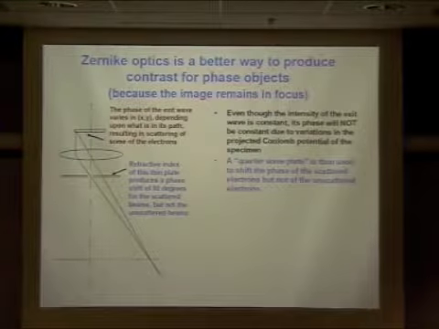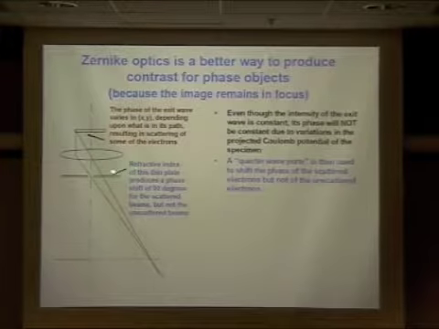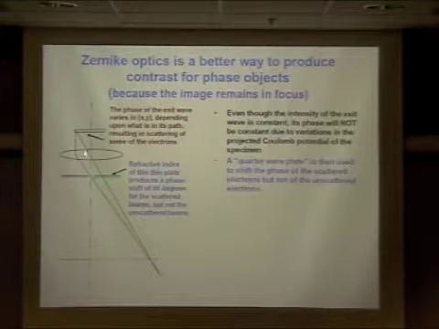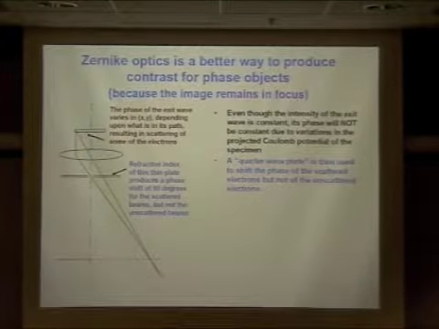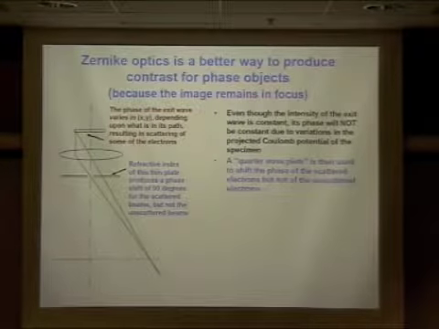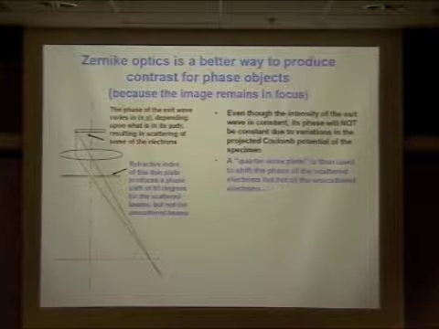And once they're physically separated, you can put in a little slab of something that will cause a 90-degree phase shift for the scattered ones; it has a hole for the unscattered electrons, which don't get that 90-degree phase shift. And that's how the Zernike light microscope works. Am I right, Anchi?